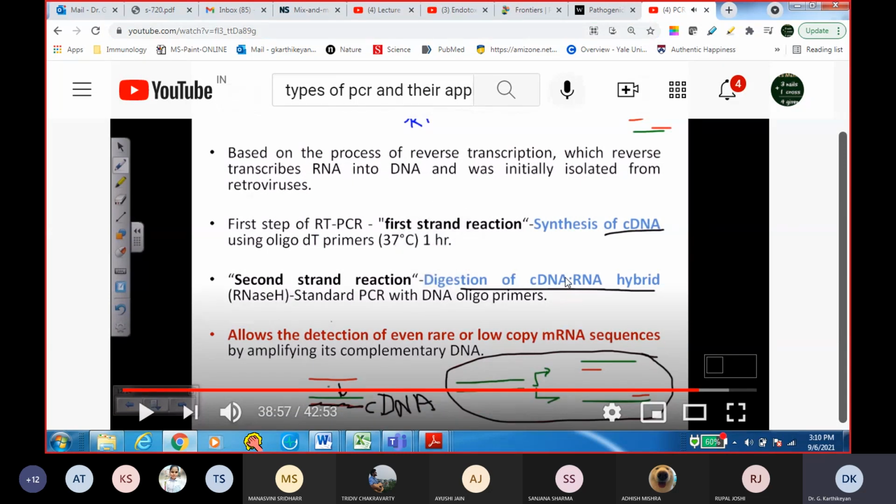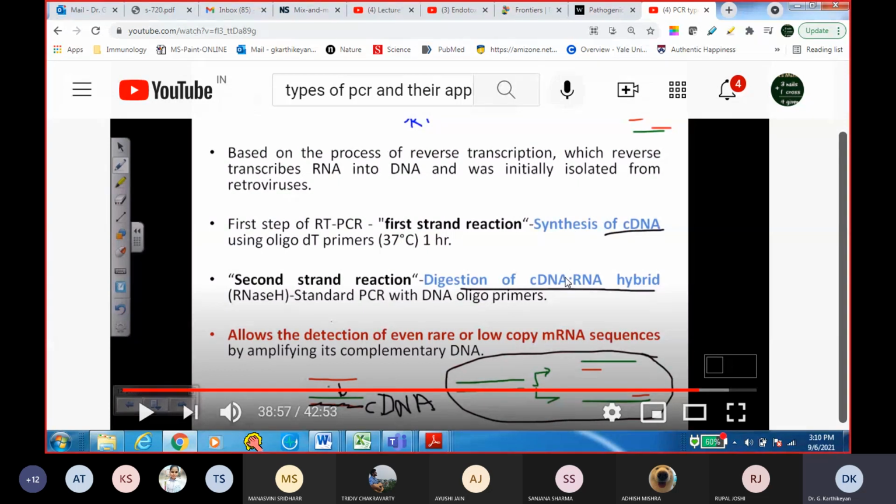I don't think it's such a mistake. The terminologies have changed, right? It used to be that when people said RT-PCR, it generally meant reverse transcriptase PCR.